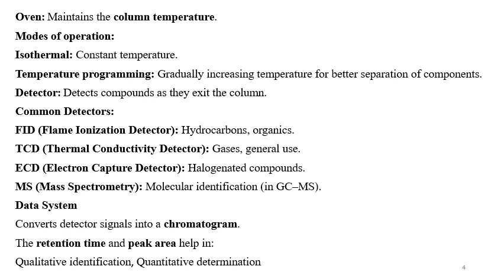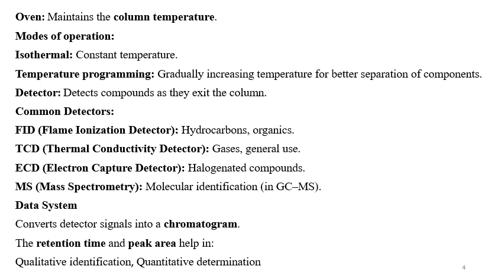ECD is the electron capture detector, for halogenated compounds. MS is mass spectrometry, for molecular identification in GCMS. So GC can be coupled with MS, which is called GCMS. Like LCMS, here it is GCMS.